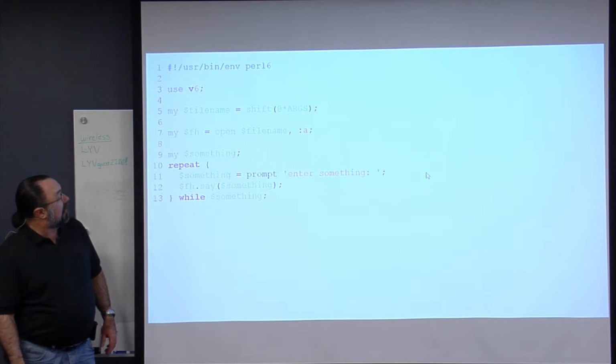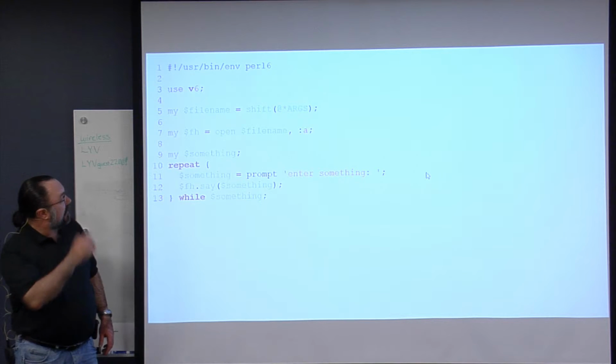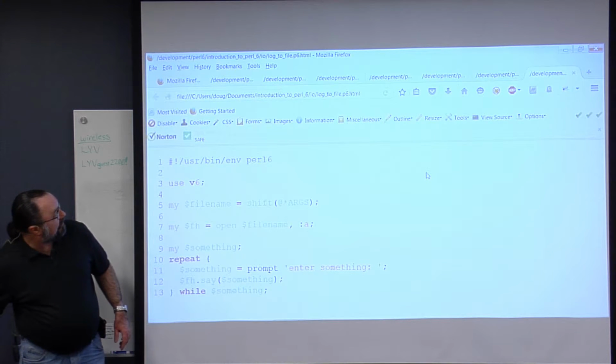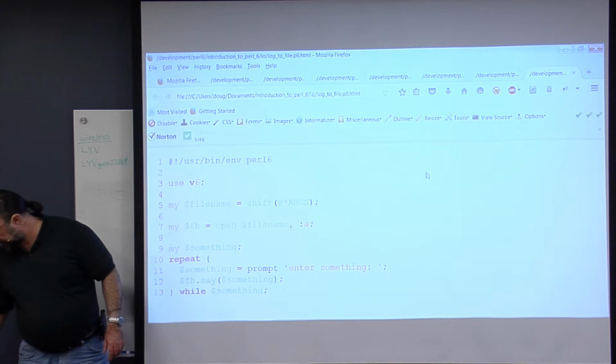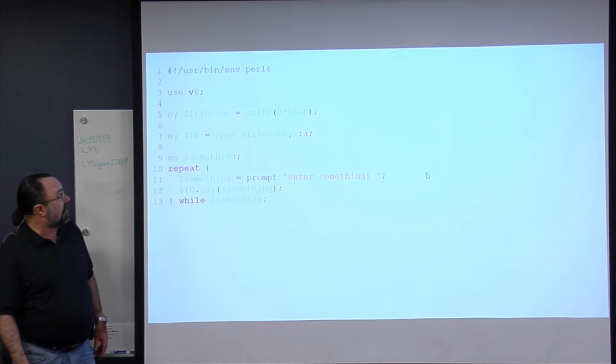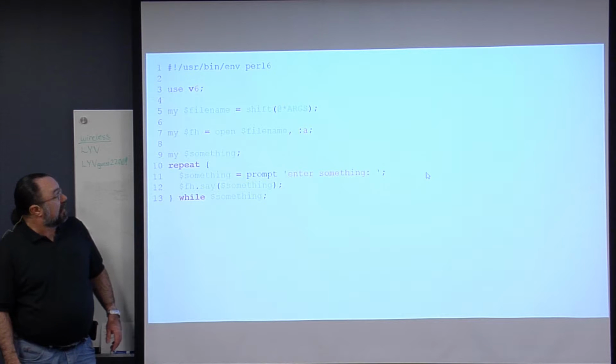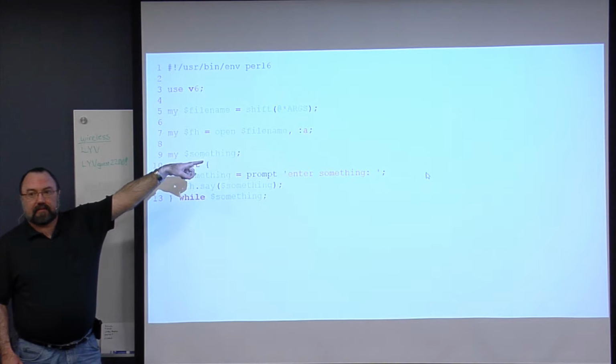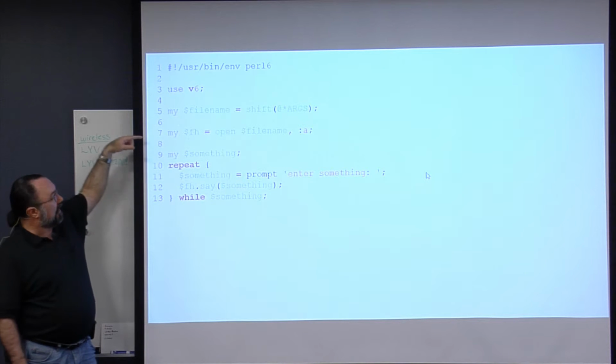Reading from standard in, okay. And this time, before I confuse everybody, okay, log to file. Just want to make sure I run the right program this time. So basically I'm getting my file name by using shift kind of in the way you would expect.